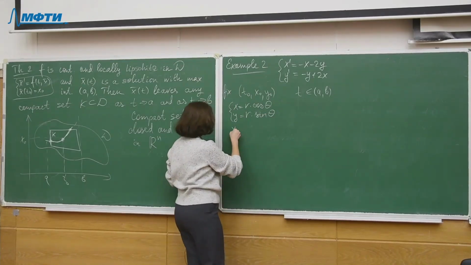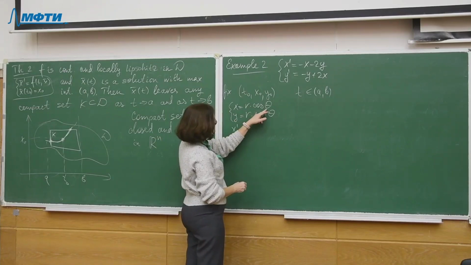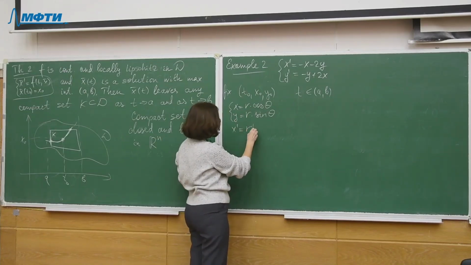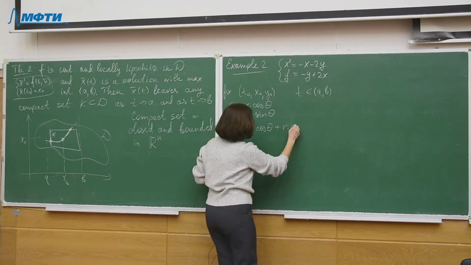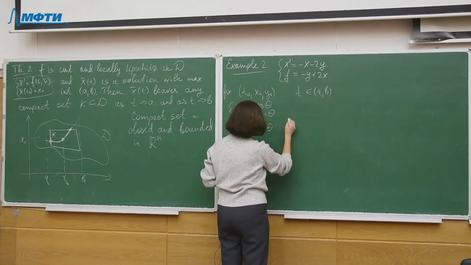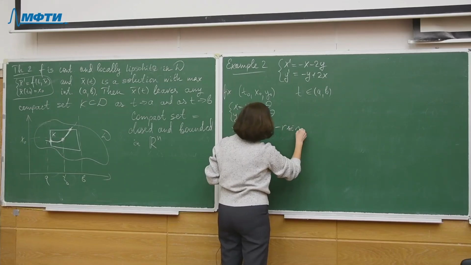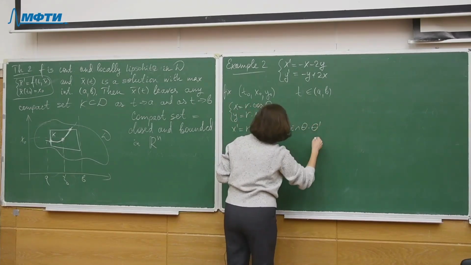So what is x prime? Let's differentiate this. It will be r prime times cos theta minus r sine theta times theta prime.